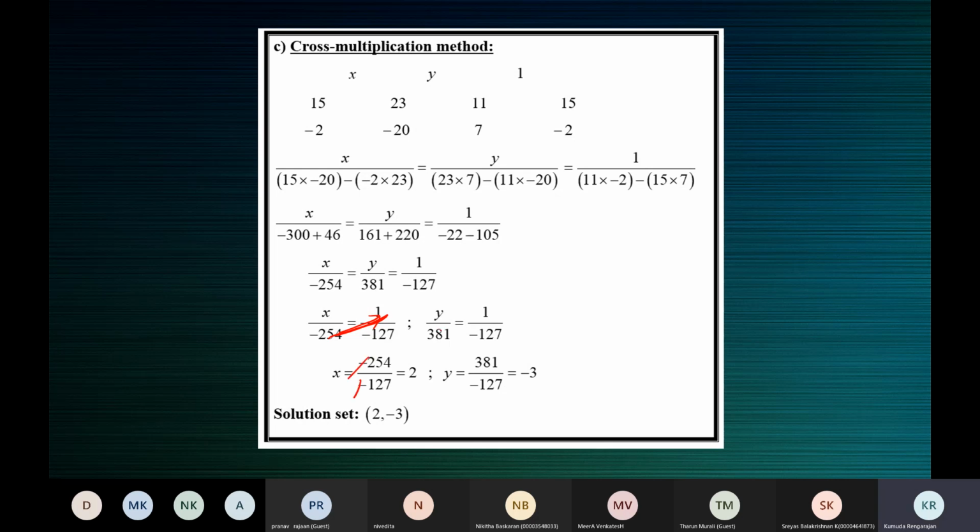And y is equal to 381 by minus 127, and the value of y is minus 3. So you can see here, under the cross multiplication method also, you get the same values. You should get the same values. The value of x is 2 and the value of y is minus 3. So this is how the cross multiplication method works.